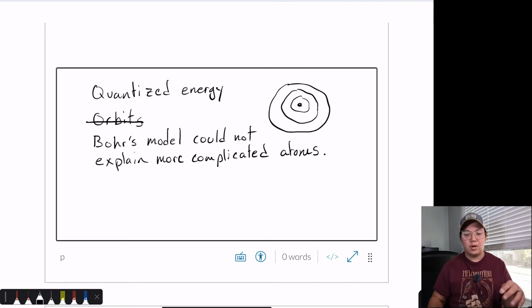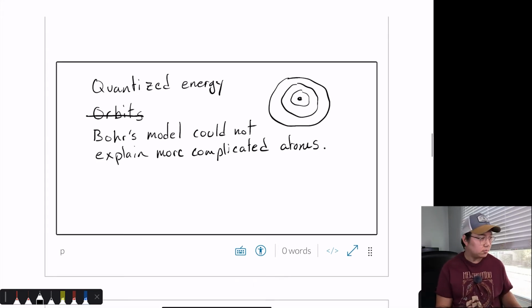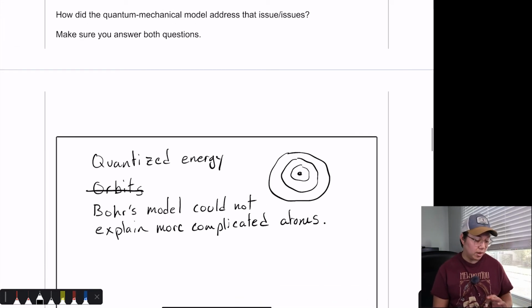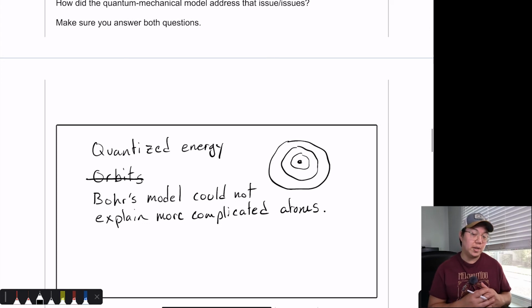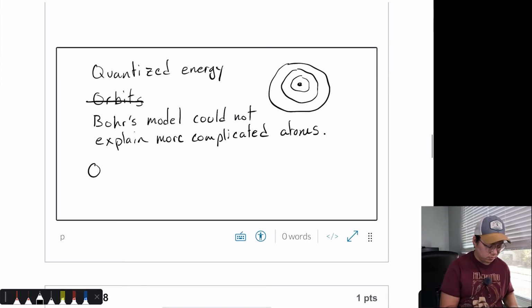They're only spinning around, getting excited, and then relaxing, and they each have their own orbitals. So the quantum mechanical model addressed those issues by coming up with these ideas of, I'll change colors here too.